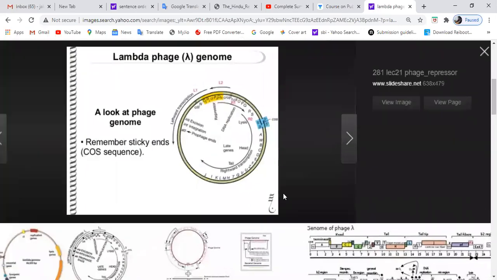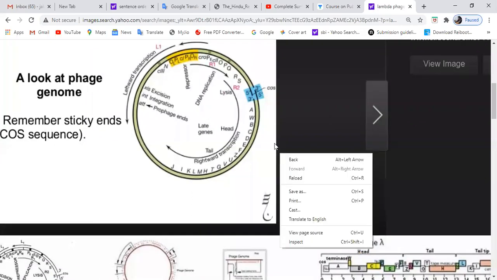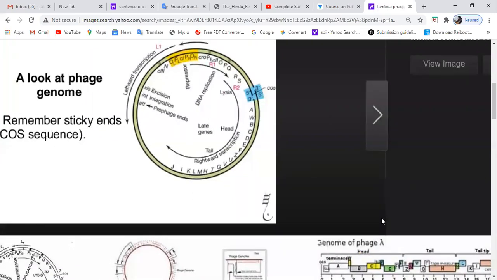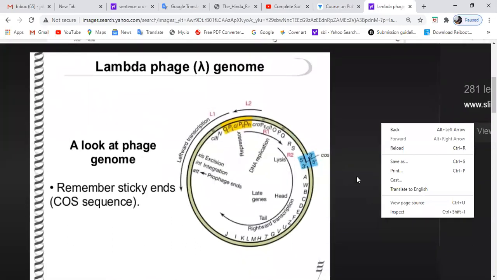See here, no other information, but it is showing the cos sites. These are called cohesive ends. As you can see, these have some overlapping regions. That's why they can help in the circularization of this particular genome in bacteriophage lambda.